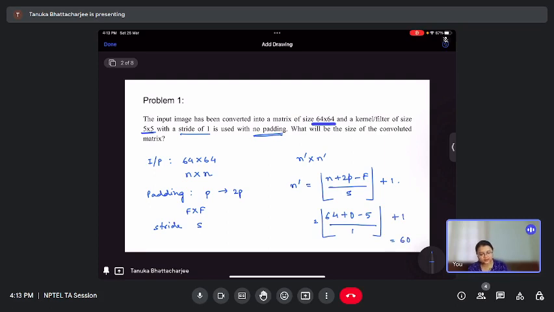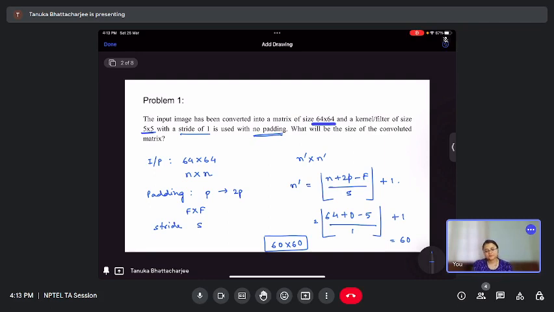The dimension of your convoluted matrix will be 60 cross 60. So your matrix size reduced as there was no padding involved. It became 60 cross 60 from 64 cross 64.